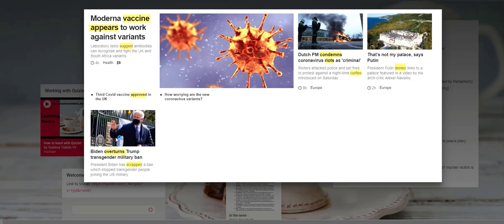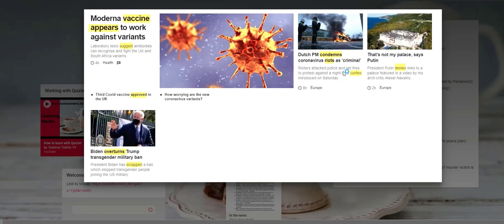On to America, we have the headline, Biden overturns Trump transgender military ban. And this is meaning that he overturns a ban, so he lifts the ban, he scraps the ban, he gets rid of the ban. And next, over to the Netherlands. In the Netherlands, the Dutch Prime Minister condemns coronavirus riots as criminal.